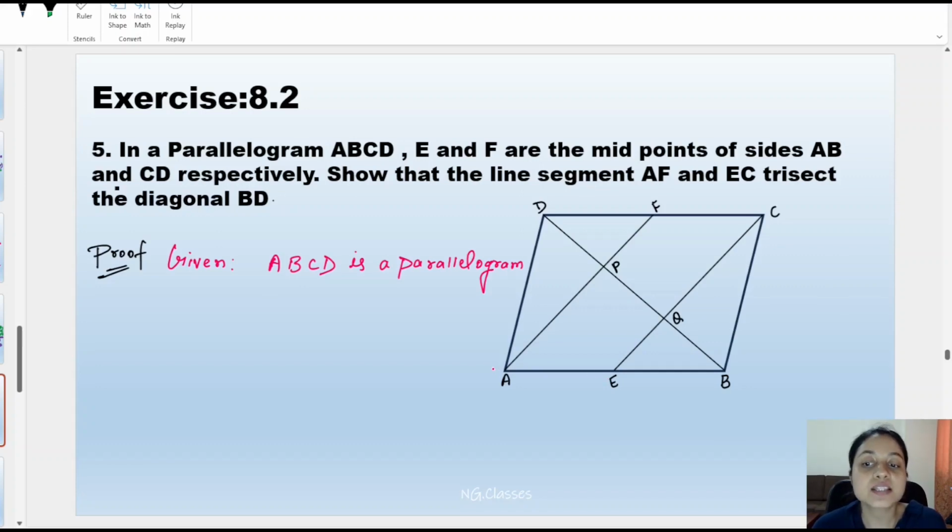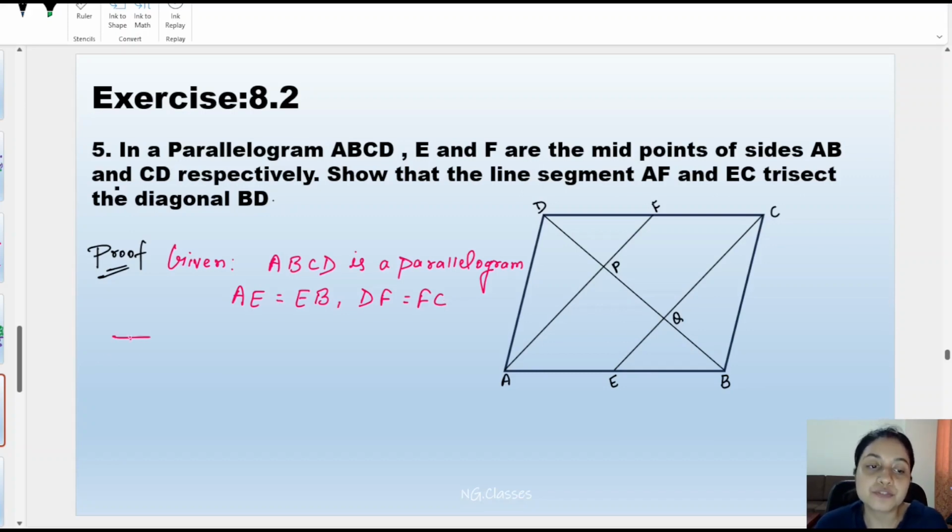If E is the midpoint of side AB, then we can write that AE must be equal to EB, and if F is the midpoint of side DC, then DF must be equal to FC. Now the theorem says that the line segments AF and EC trisect the diagonal BD.